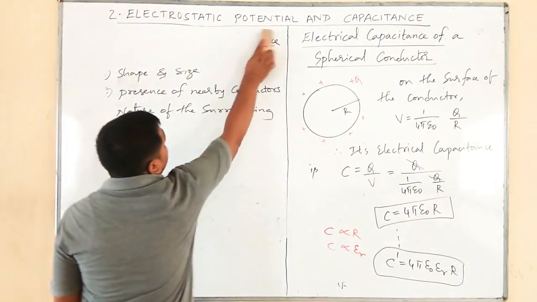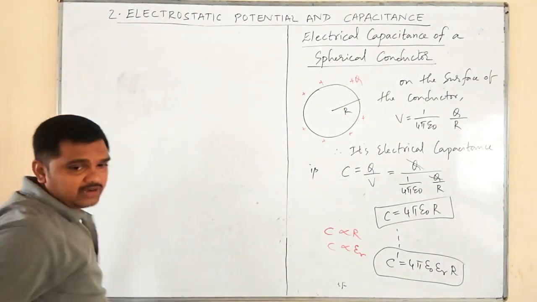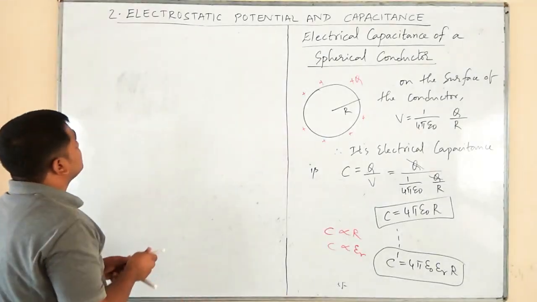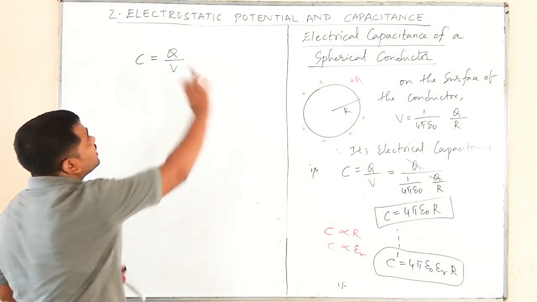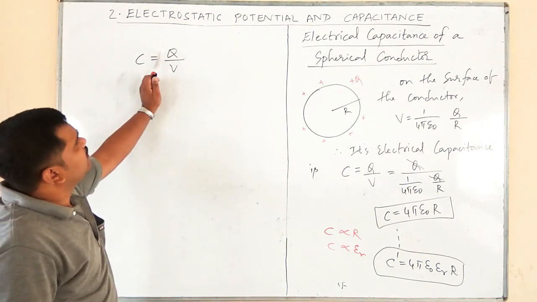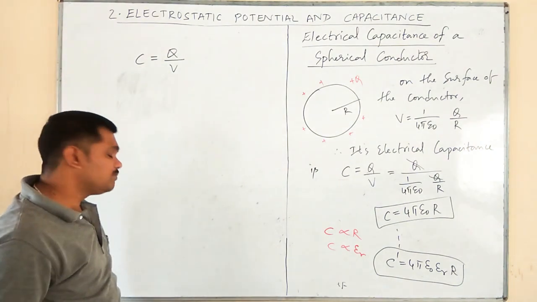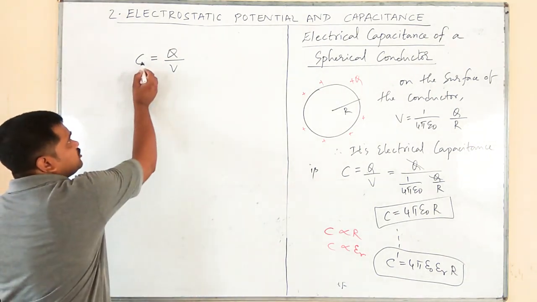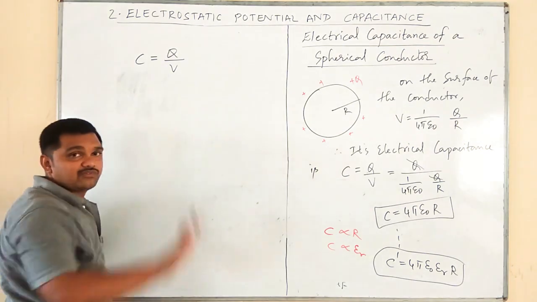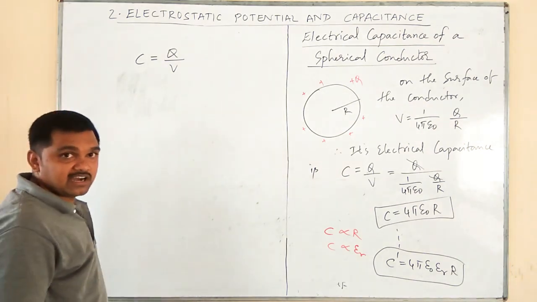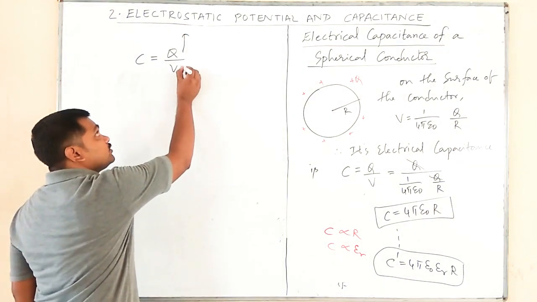Here, you can ask me one question. Sir, the expression for capacitance says that C is equal to Q upon V. Will Q and V affect the C or not? Please remember, though the expression for C consists of Q and V, they won't affect the capacitance. If you increase Q, V also increases.